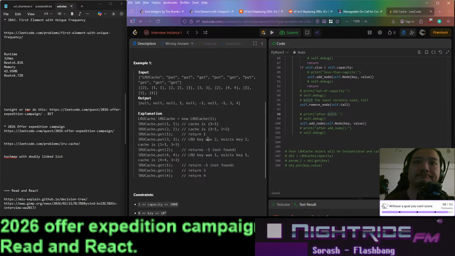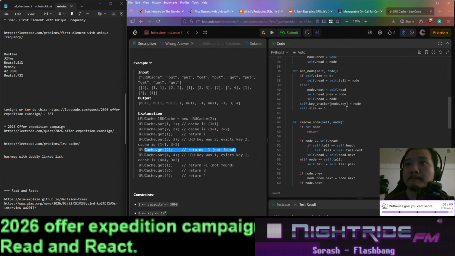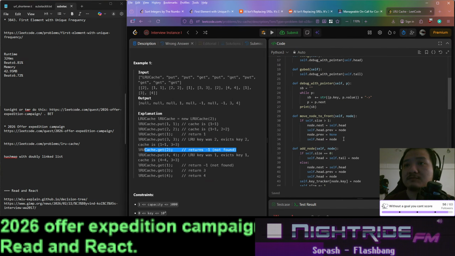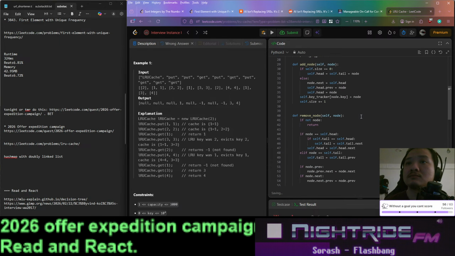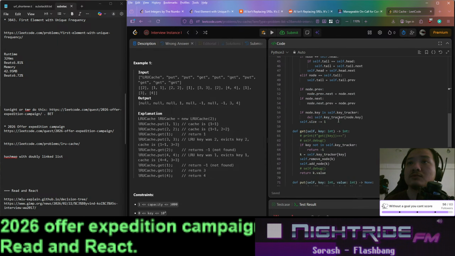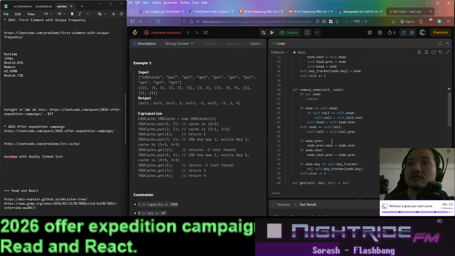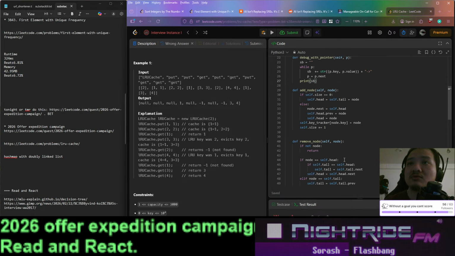Okay. Not found. Let's remove this. Remove the node. Yeah. And when we add node, we add the key back, right? Yeah.